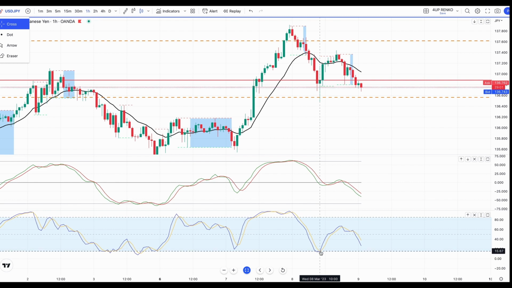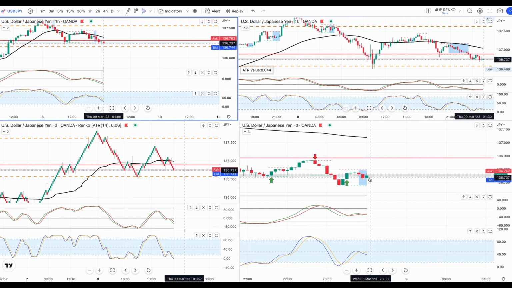That would be a great place to get out. Look where it is. It's right there on that particular candle.